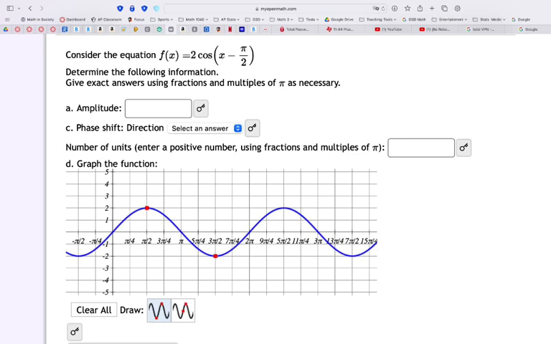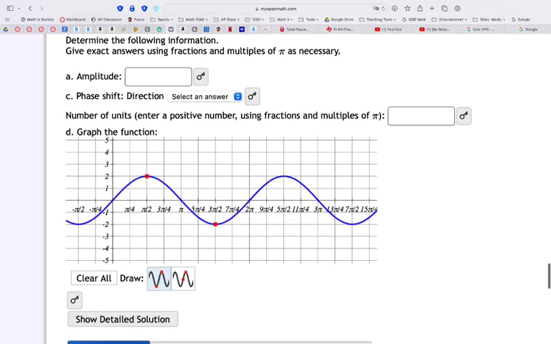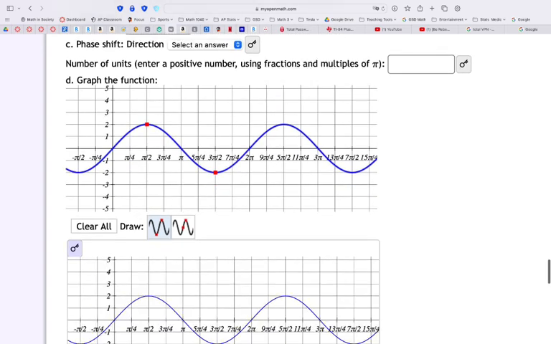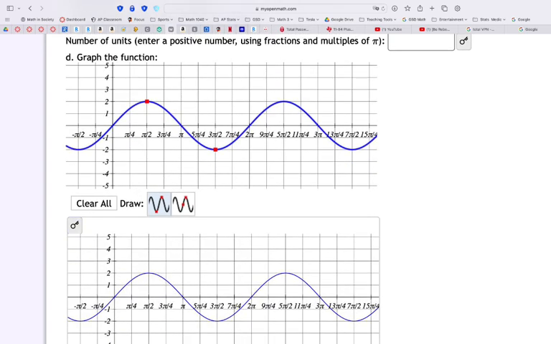And so you see how it shifted? It shifted by pi over 2. Okay, I believe this is the answer. There you go, that's the correct answer.